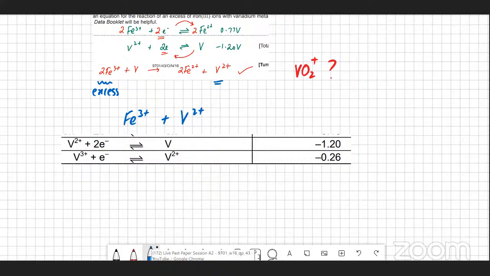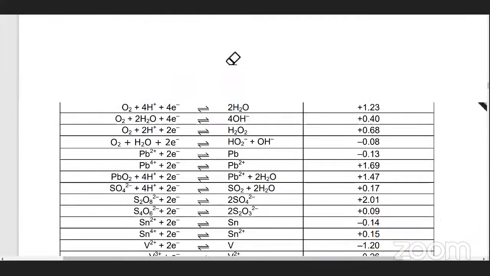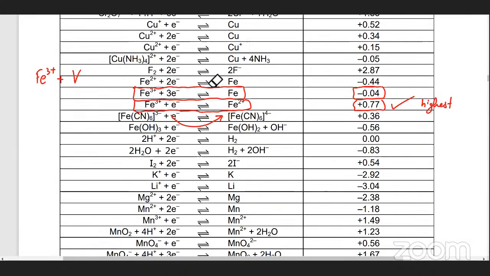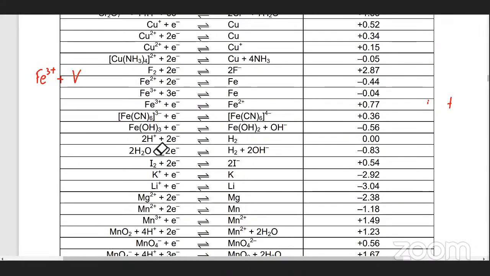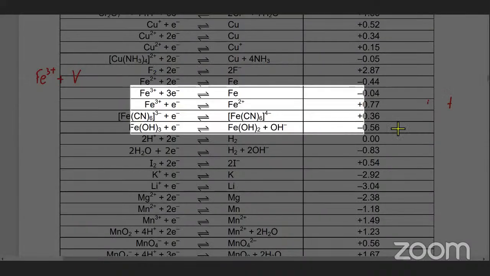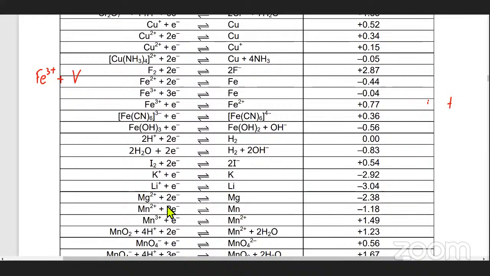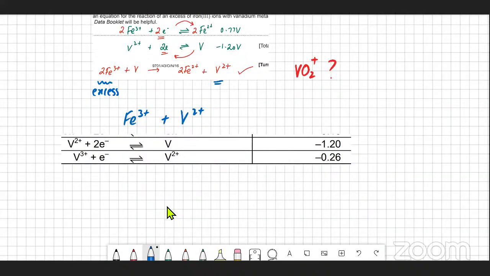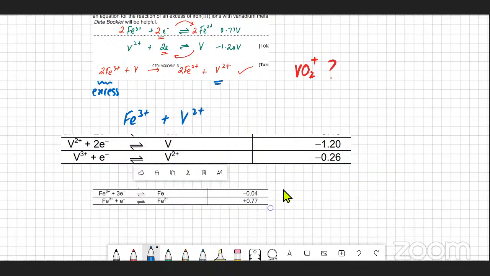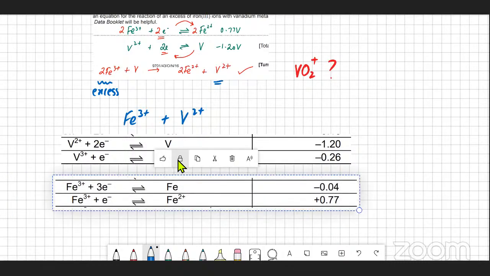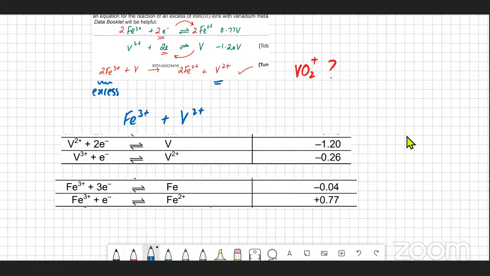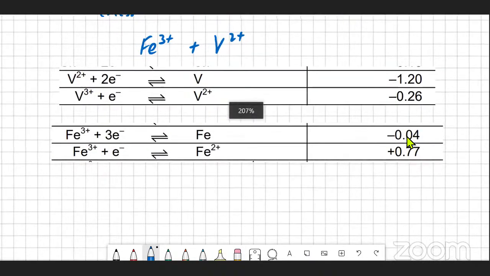And for Fe3+, again, you have two equations. Where is Fe3+? The same two equations.